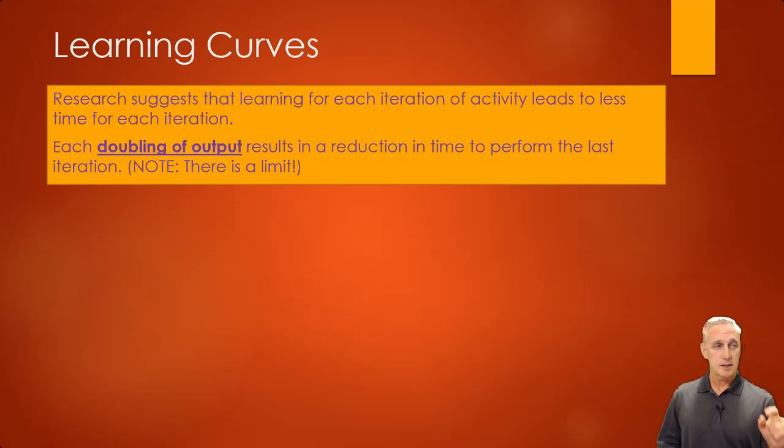Now again, the caveat to this type of estimation or using this type of theory is that what you're going to do is so close to something you've already done that it's like you've been doing it before. And so you get faster and faster and faster at it. So oftentimes we look at the doubling of an output because we get better at it.